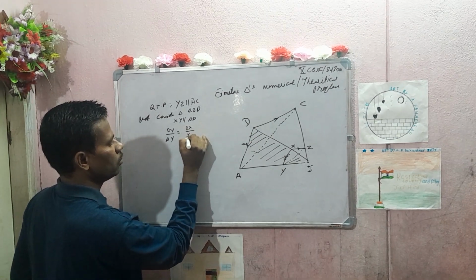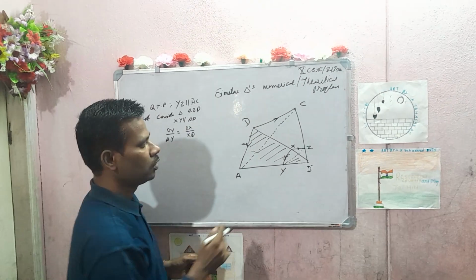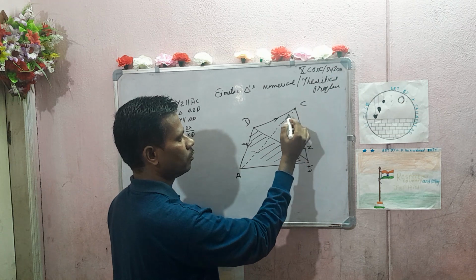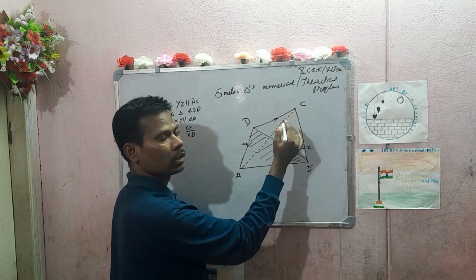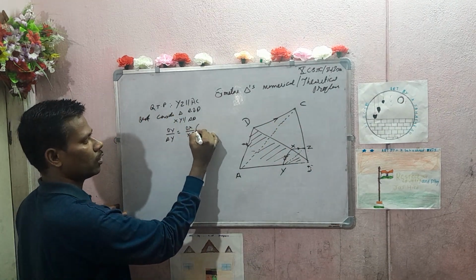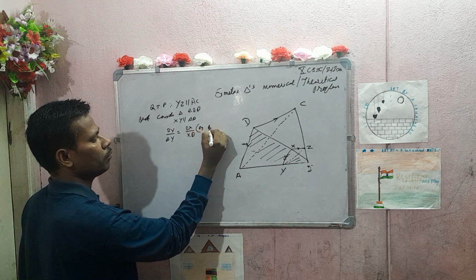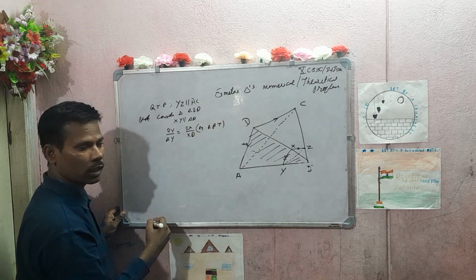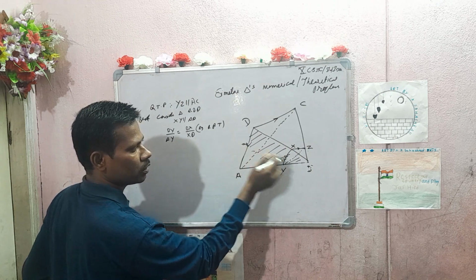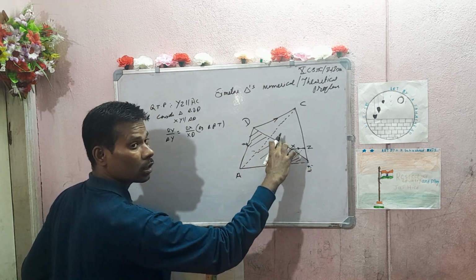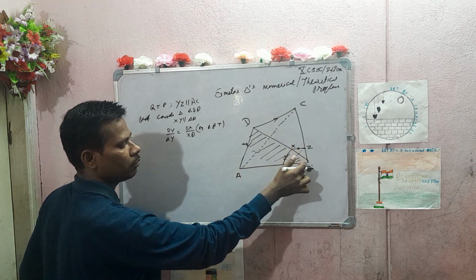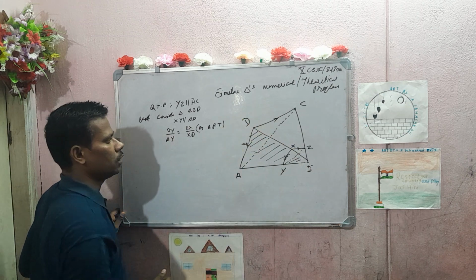Why did we write it like this? By BPT, the basic proportionality theorem: if a line is drawn parallel to one side, it will divide the other two sides in the same ratio. So BY by AY is equal to BX by XD.